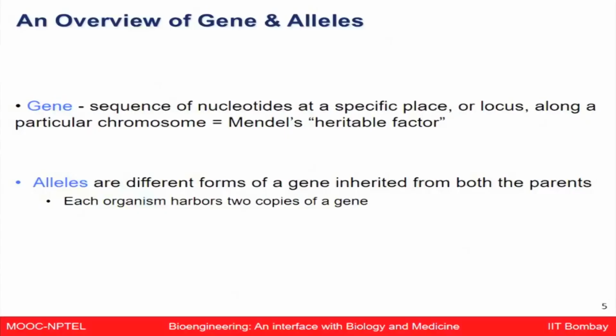And there could be different alleles of a given gene, with one copy from each parent. In this case, we say the capital P and small p, right? Those are for the same color characteristic, purple or white. So these are the two alleles of a given gene which are inherited from the parents.